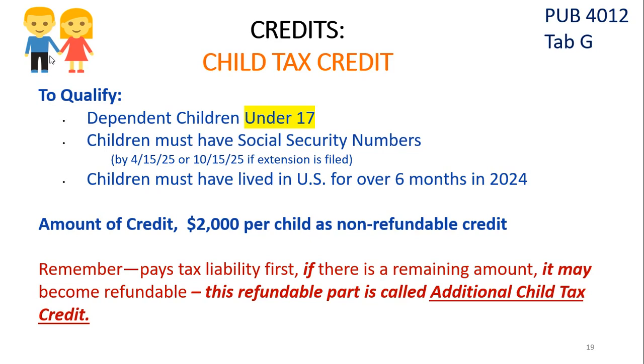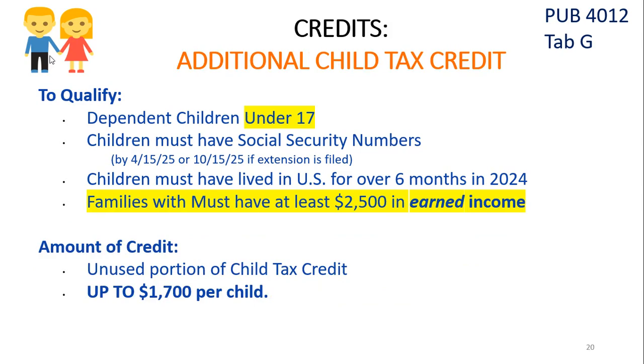Except there is a possibility they might get some of that refunded, any of that leftover amount, as long as they meet the criteria for what's called the additional child tax credit. So the additional child tax credit has the same criteria for the most part. They have to be under 17, have a social, live in the United States for over 6 months, and the person trying to claim them, the taxpayer, must have at least $2,500 in earned income.